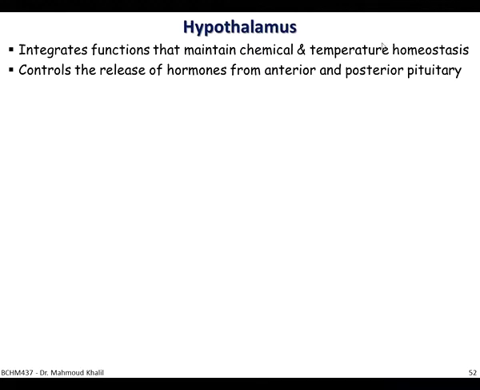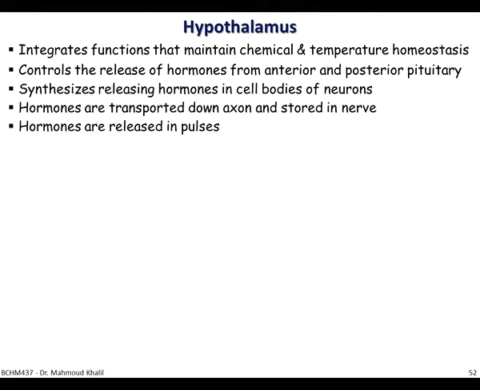So you can see that the hypothalamus integrates functions that maintain homeostasis, either chemical or temperature homeostasis. It controls the release of hormones from the anterior and posterior pituitary gland. It synthesizes releasing hormones. The hormones released from the hypothalamus are called releasing hormones. It synthesizes these hormones in the cell bodies of neurons.